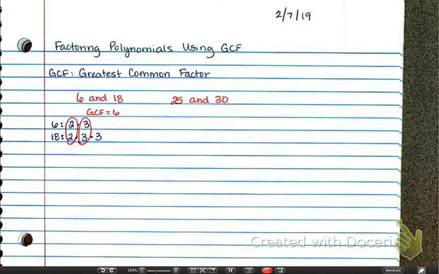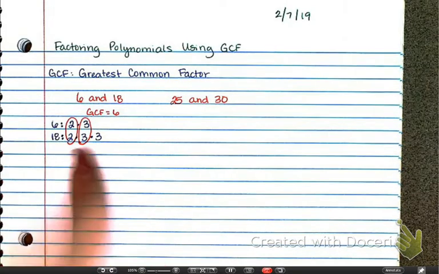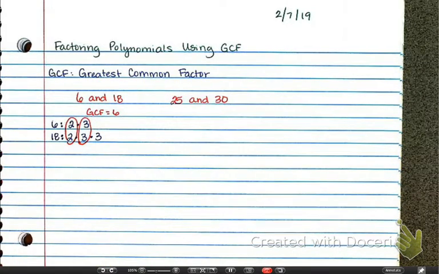Some of you may just be able to guess it because if that's how you learned it, you may know it. But if you struggle or if the numbers get really large and you're like, I'm going to be here forever, do a factor tree and look at all the prime numbers. Whatever they have in common is their greatest common factor.